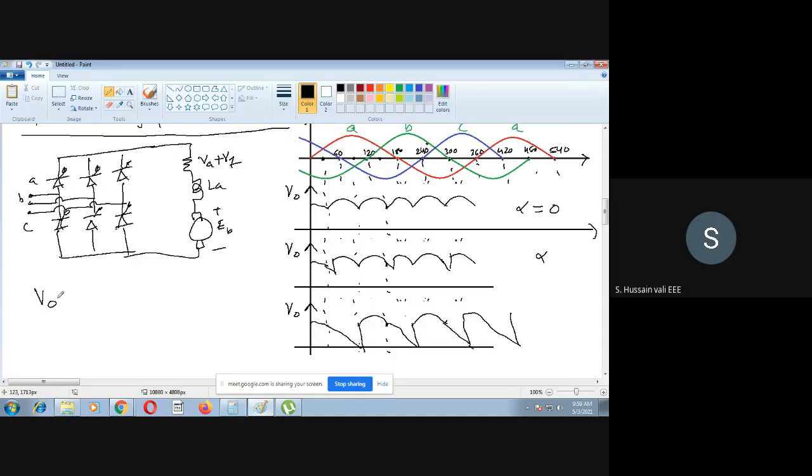You must get a similar kind of expression here. Okay. Because your V naught value simply depends upon whether it is a semi converter or full converter. If it is semi converter, one expression. If it is full converter, you get another expression. And how it is different depends upon which type of motor you have taken. Okay.